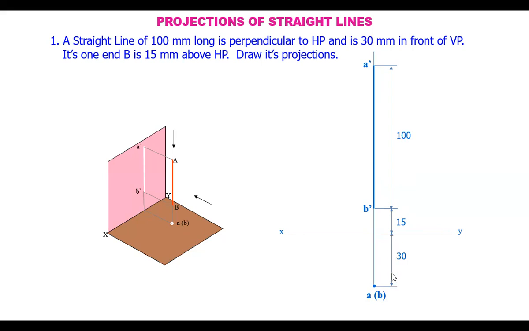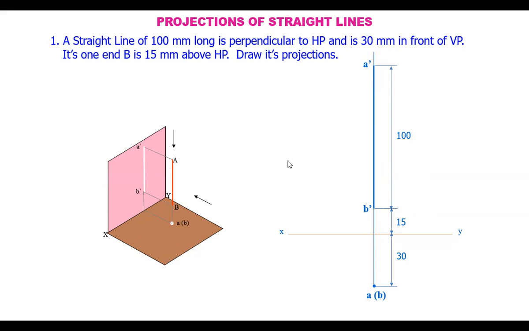This point is both A as well as B. As we see from the top, only A is visible to the observer and B is hidden, away from the observer, so B is kept in brackets. So these are the projections of the line when it is perpendicular to one plane. Automatically, when it is perpendicular to either HP or VP, it will be parallel to the other plane. Here in this case it is parallel to VP.